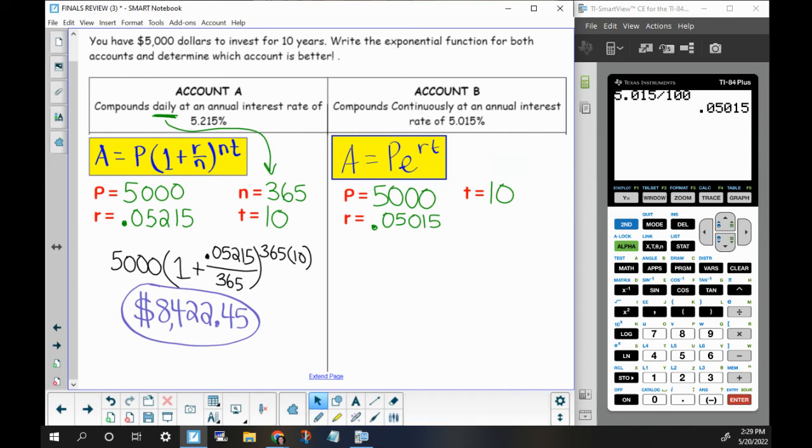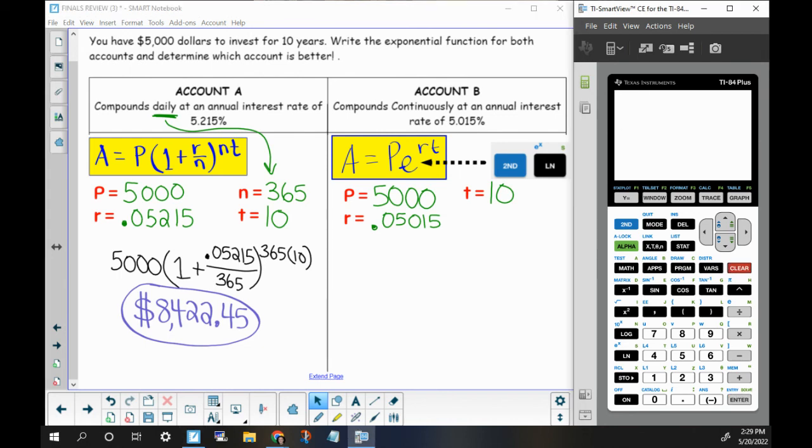Now, here's how you find the E. You do the second and then LN button. Now, wait. Let's plug in our stuff first. Our P is 5,000. Everyone type in 5,000 in your calculator. Nice job, Keontae.